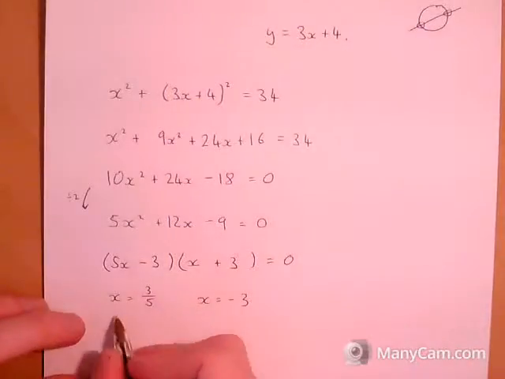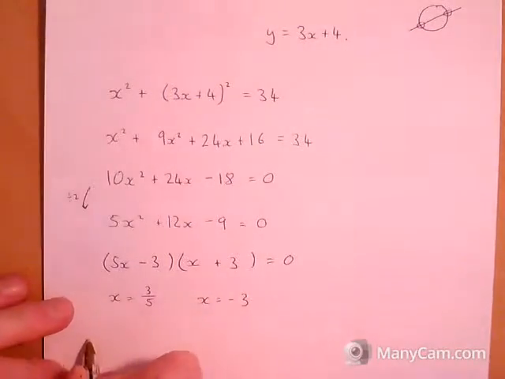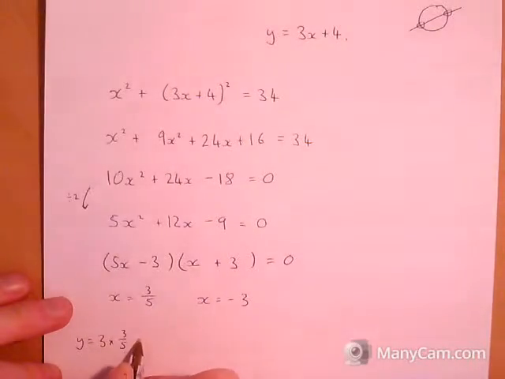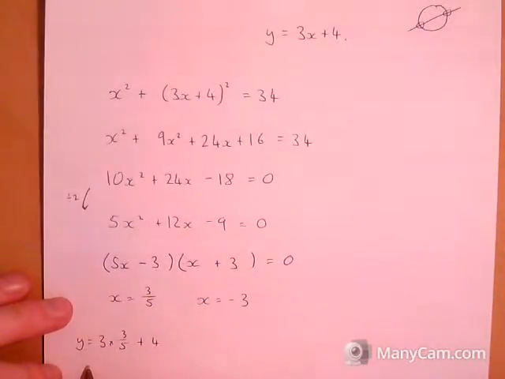So if I did x equals 3 over 5 first, I would end up with y equals 3 times 3/5 plus 4. So that ends up giving me 5 and 4/5, which would be the same as 29 over 5.